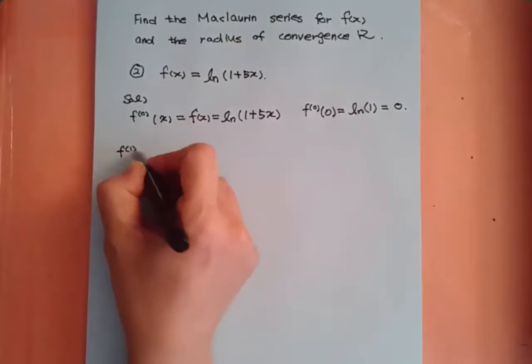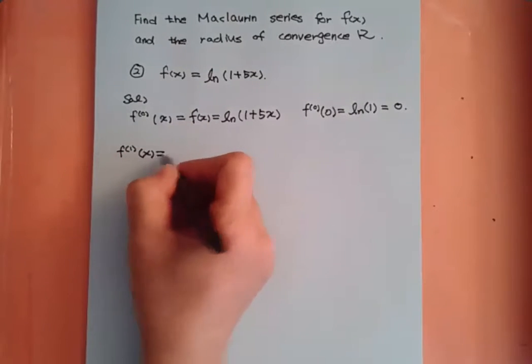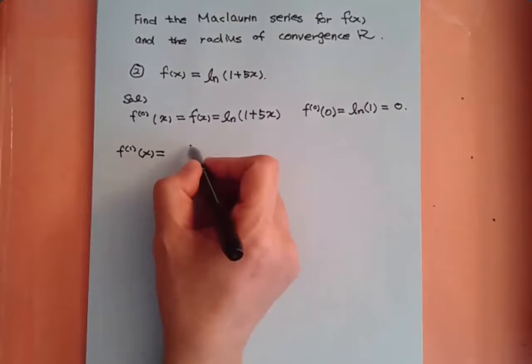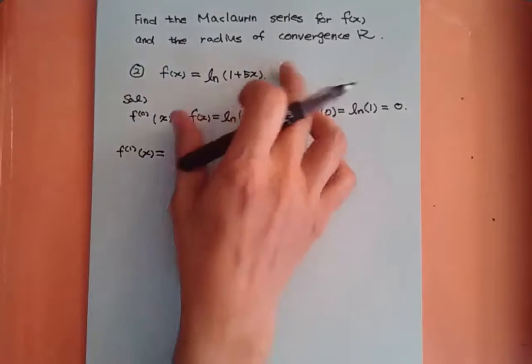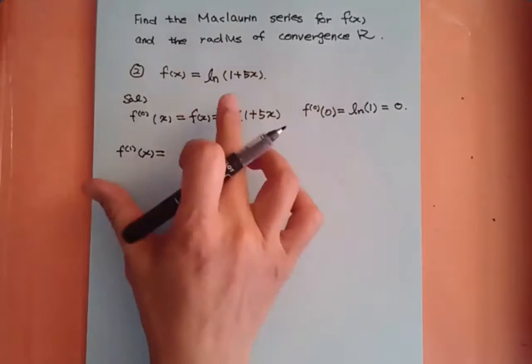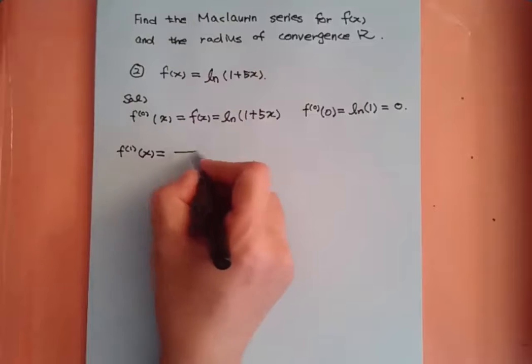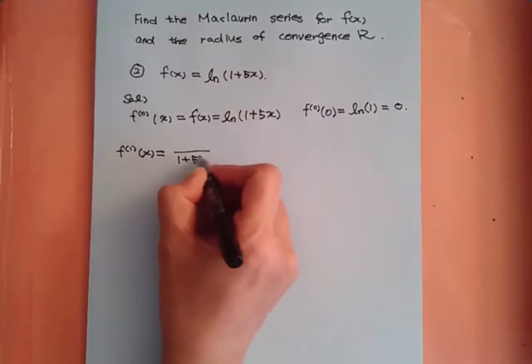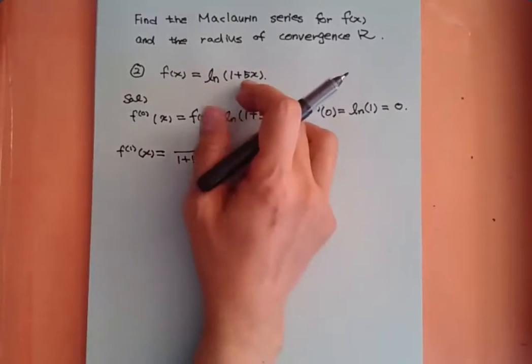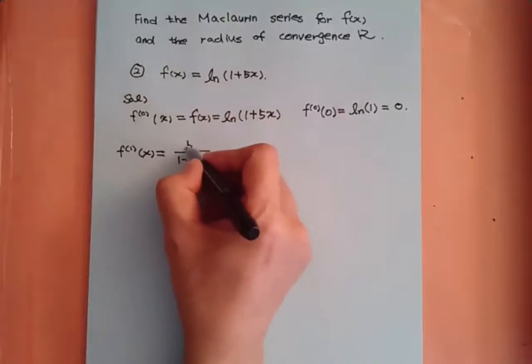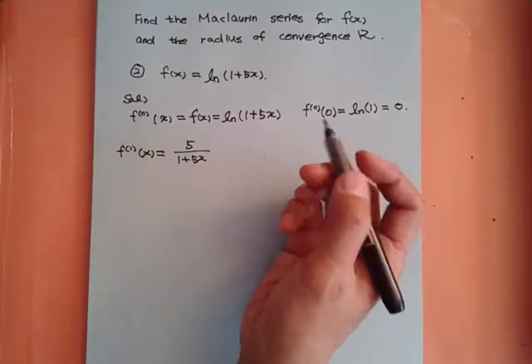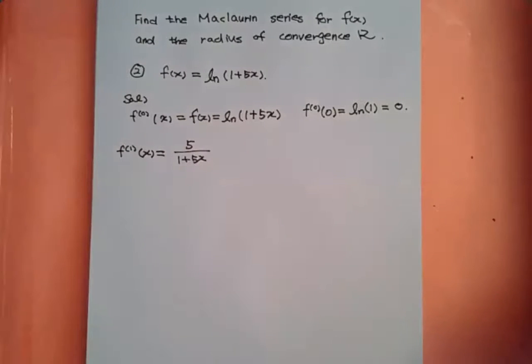And then the first derivative of f at x is, if we differentiate this one, 1 over 1 plus 5x, but by the chain rule, we have to multiply by 5. So we will write 5 on the numerator.